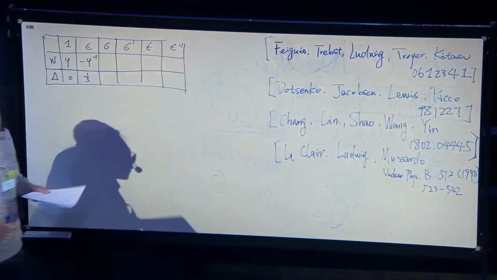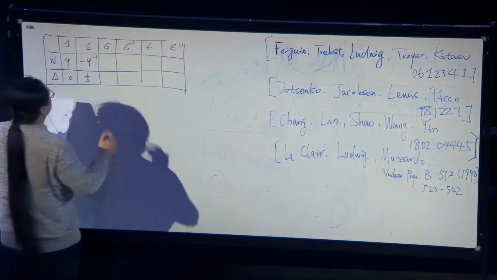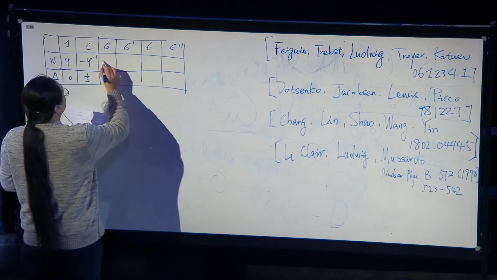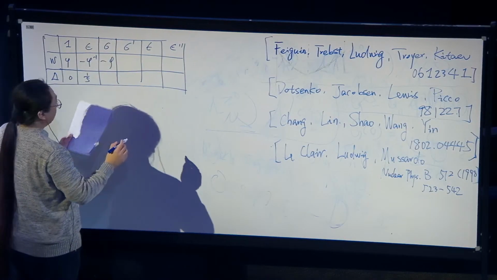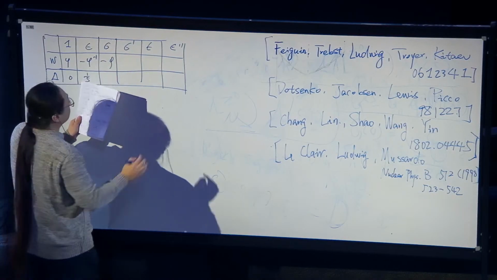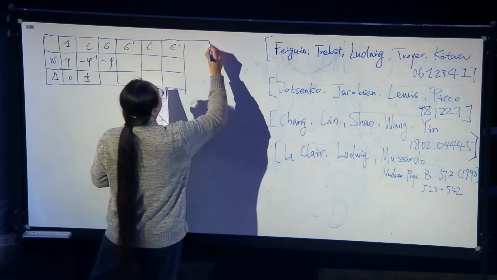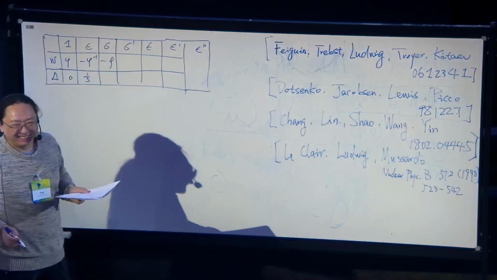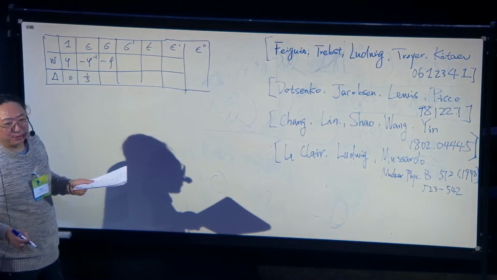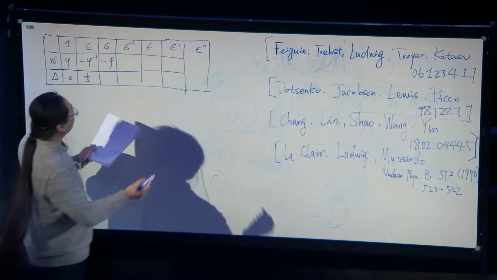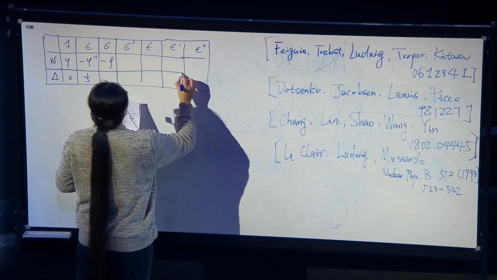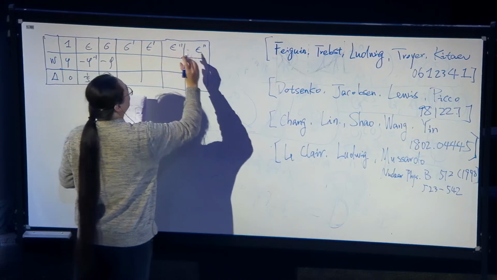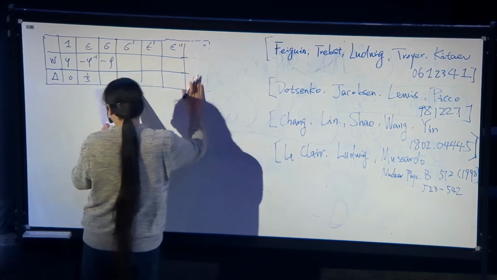These are the field content of the tricritical Ising model. And we look at how the Fibonacci line acts on the local objects. These are the Z2 even operators. Sorry, this one should be epsilon prime, and this one should be epsilon double prime.